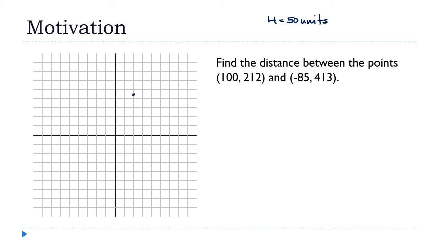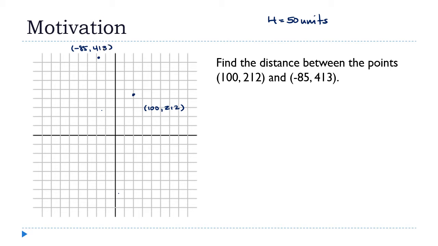So that's going to be 100, comma 212. Negative 85, 413. That's going to be over negative 85, a little less than 2, and up a little more than 8. So that's going to put it up here somewhere. And this is over negative 85, up 413.